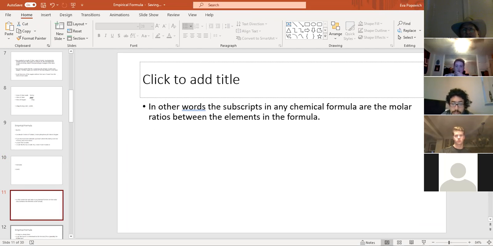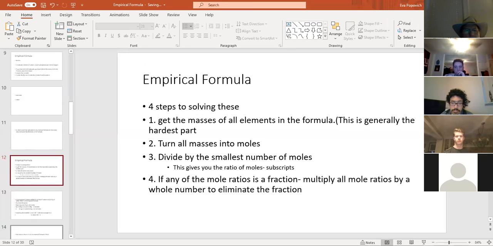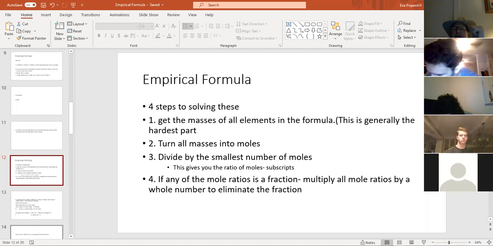So basically what I'm saying with that is the subscripts are the molar ratio between the elements in the formula. So when I'm doing an empirical formula problem, I have 4 steps. First step, I have to get the masses of all the elements in the formula.